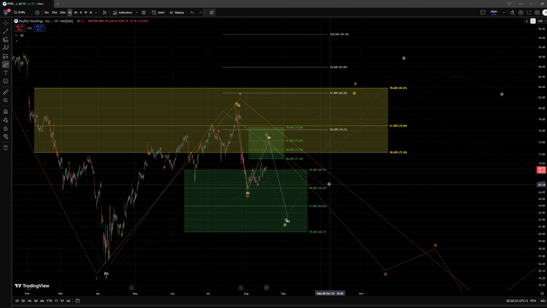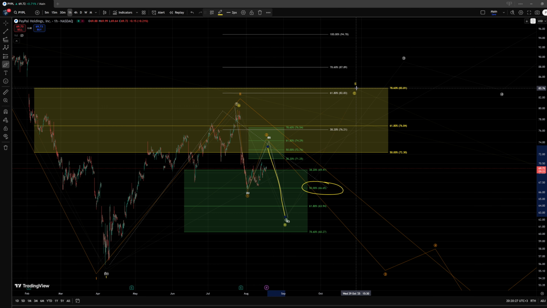If we hold the 50% retracement level here and don't form another low, I could be looking at the $82.8 level, maybe at the $88 level, at the 78.6% extension.